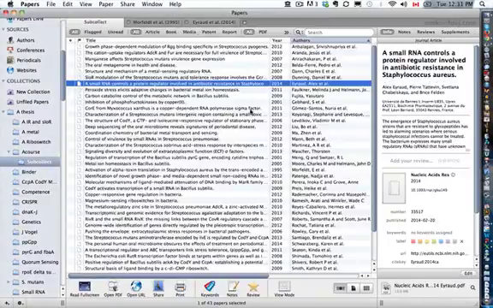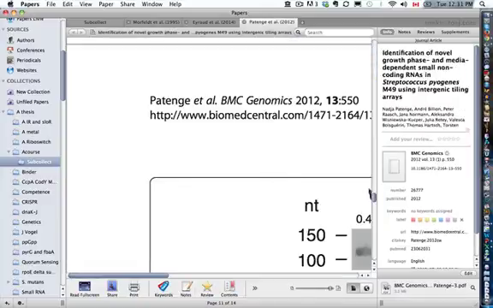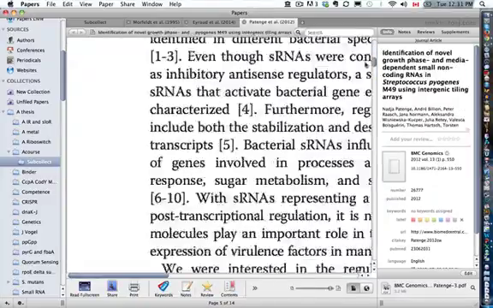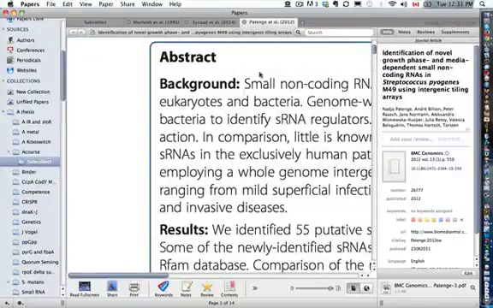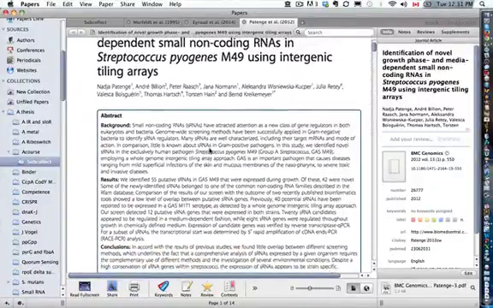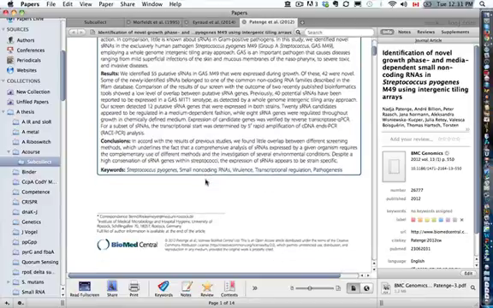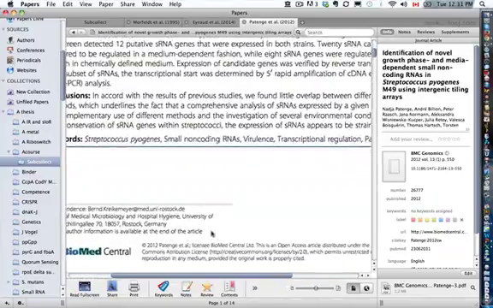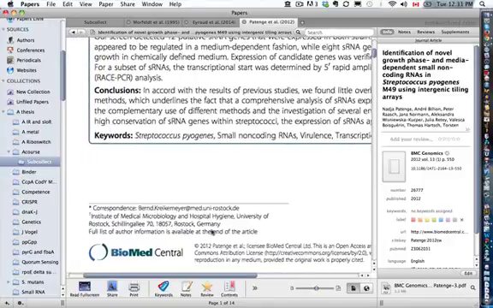Let's take a look. So Patengi, where is he? Looks like he's from Germany. Institute of Medical Microbiology. That's where the Pyogenes paper comes from.